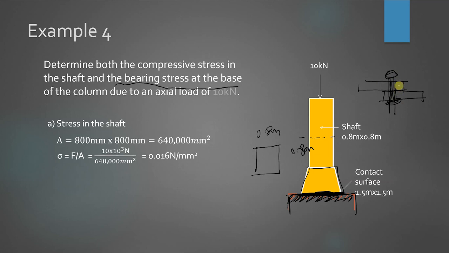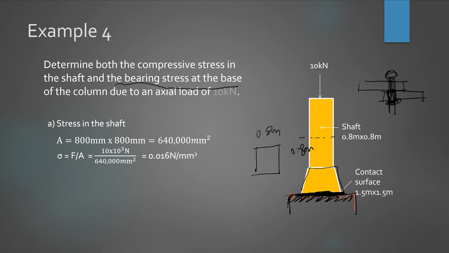So bolts and nuts, so kat sini dia ada bearing pressure, okay, between this connector ni, maksudnya bolts ni dengan surface of the plate tu. Okay, jadi anything yang in contact, okay, dia akan ada bearing stress.